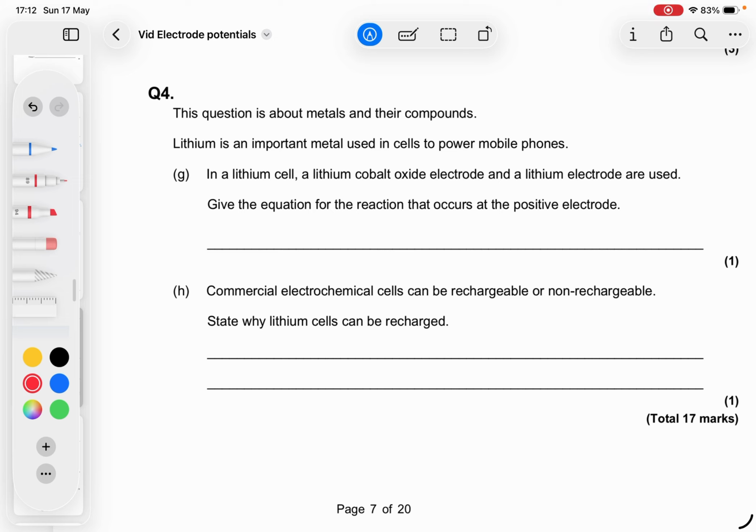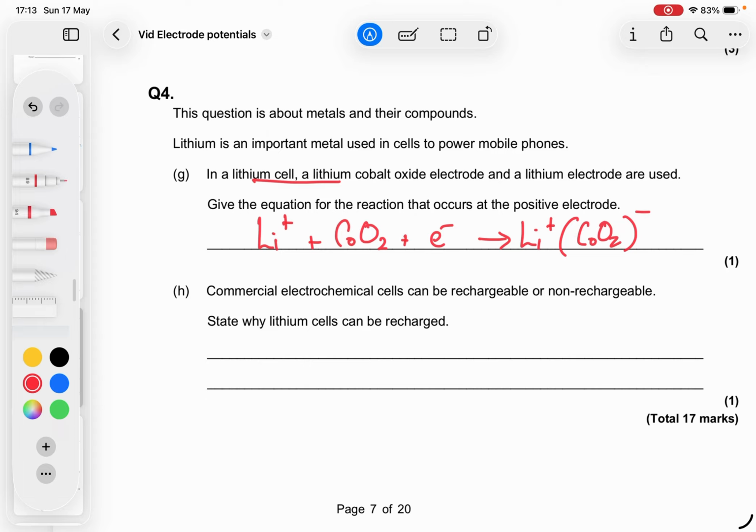But this is the reaction I think you need to learn. For lithium half cell, just learn this reaction. There's no mention that you have to learn it in the specification, but there's been a few questions that have come up on this topic to do with lithium, so my advice is just to learn that.